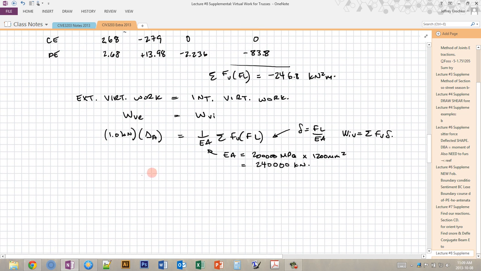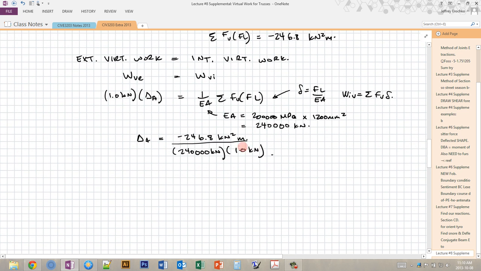So then we can rearrange this equation for delta A, and we get -246.8 kilonewtons squared meters, which is our sum here, divided by our EA, which is 240,000 kilonewtons, divided by our external virtual force, which is 1.0 kilonewtons.